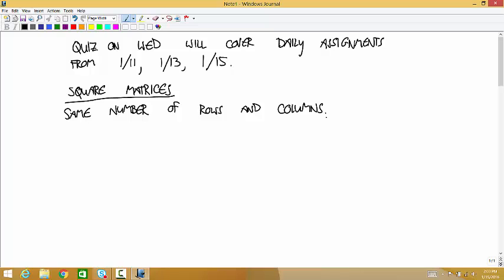An important thing in a lot of square matrices is the diagonal elements. The diagonal elements of a square matrix are the elements where the column number equals the row number.